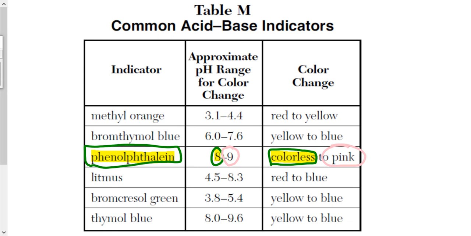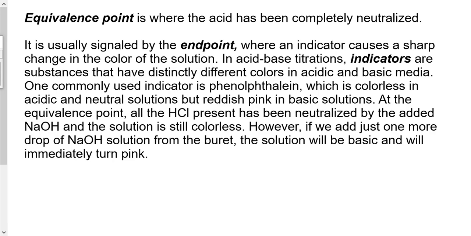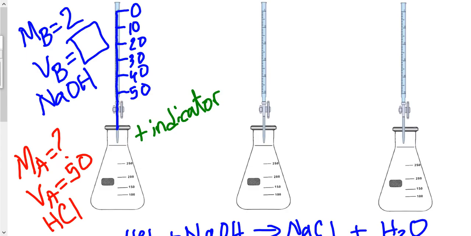So even though we reach the neutral pH of 7, phenolphthalein is still going to be colorless, right? Anything slightly above 8, it will start getting to the color of pink. So this is something we need to be very careful about when we are talking about the titration process during a lab.